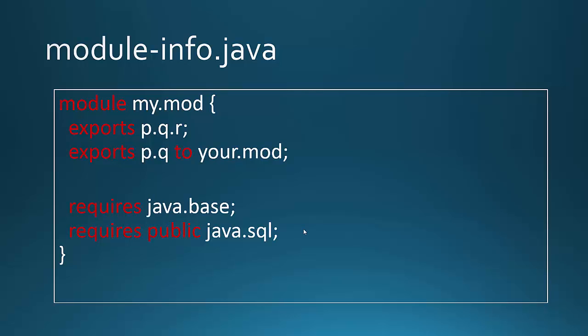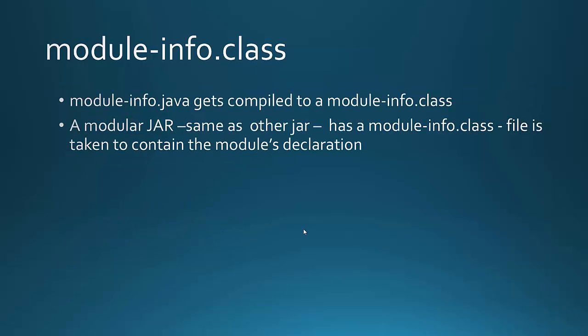This file can be compiled to produce a module-info.class as well. Which essentially means that there are compiler changes, there are grammar changes to recognize these keywords and the constructs following, and there are code generation changes to convert this module-info.java to a module-info.class.